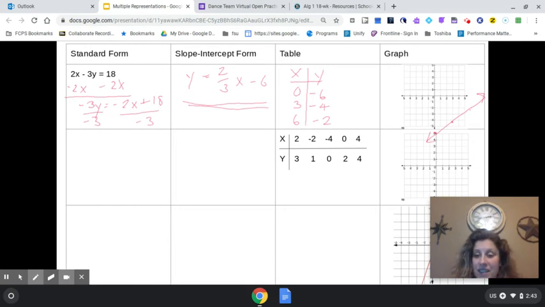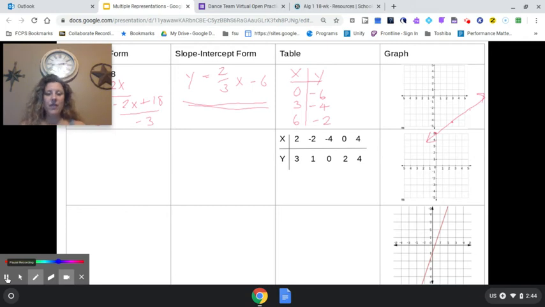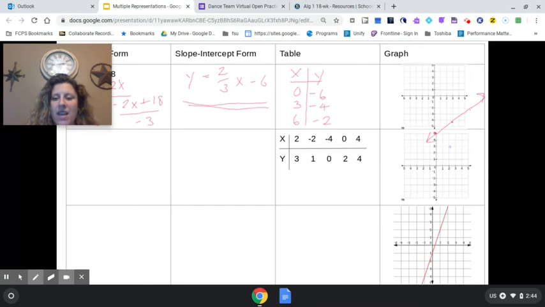Okay, next example. If we look, guys, it gives us a t-chart, a table, but we don't know either of the two equations. So I'm going to go ahead and graph it first. Hopefully these points will fit on the graph here. We have an x value of 2 with a y value of 3. We have an x value of negative 2 and a y value of 1.